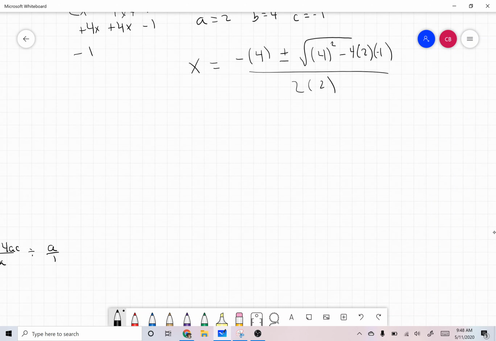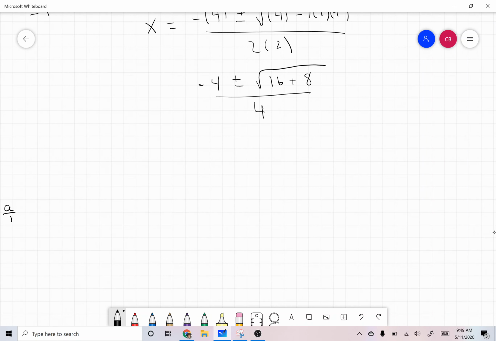So this is going to be negative 4 plus or minus the square root of 16 minus 4 times 2 is 8, times negative 1 is positive 8. So minus negative 8, which is plus 8, all over 4.